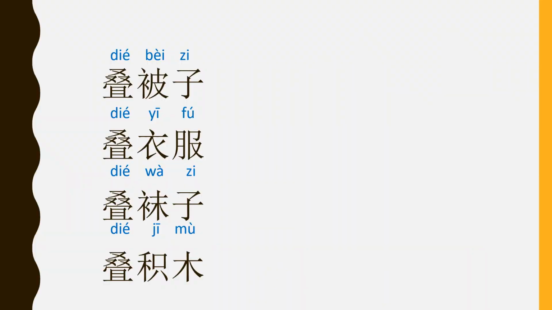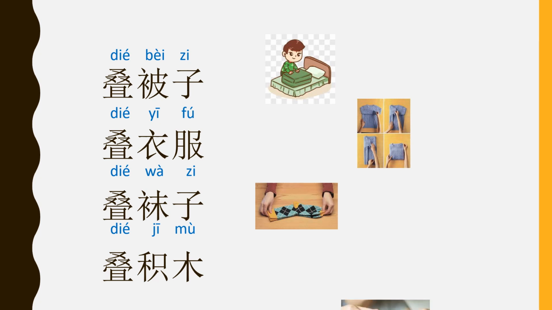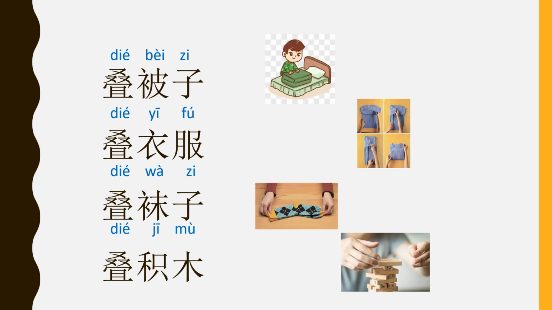Okay, please read after me. 叠被子, 叠衣服, 叠袜子, 叠积木. So the verb 叠 here can mean to pile up or fold.